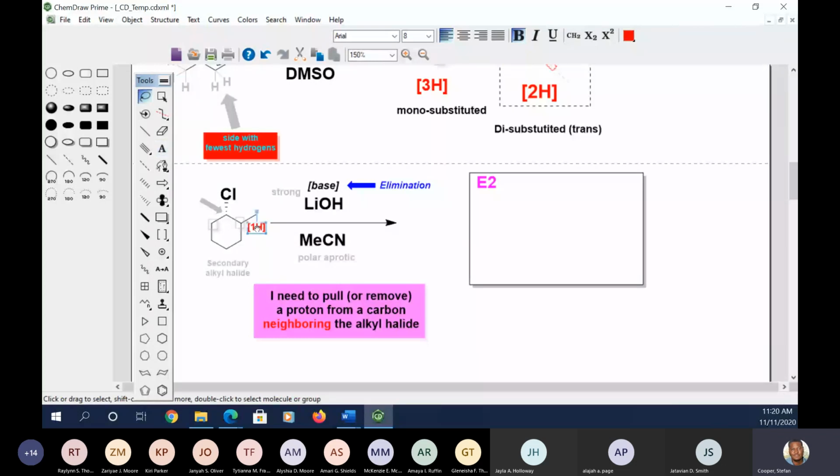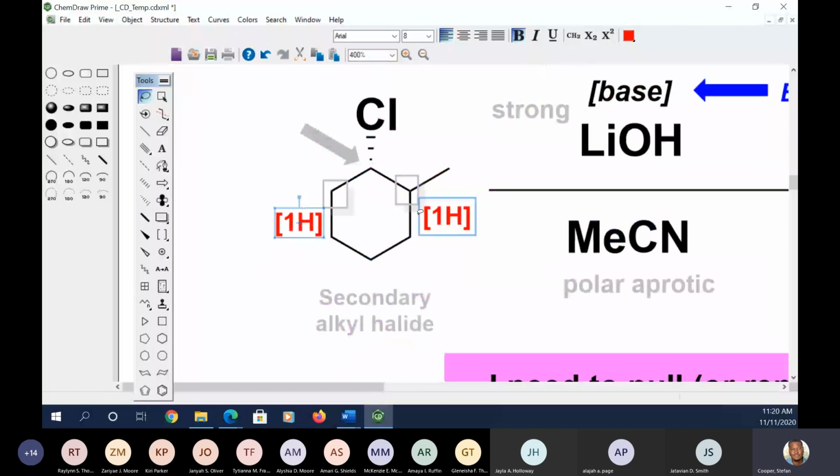If you don't have that skill at this point, that's going to make your life difficult. But again, to find out how many hydrogens are present, take a look at the carbon and do 4 minus the lines I see. So let me zoom in a little bit here. For this carbon right here, I see 1 line, 2 lines, and 3 lines. So 4 minus 3 reveals that there's 1 hydrogen not drawn there.